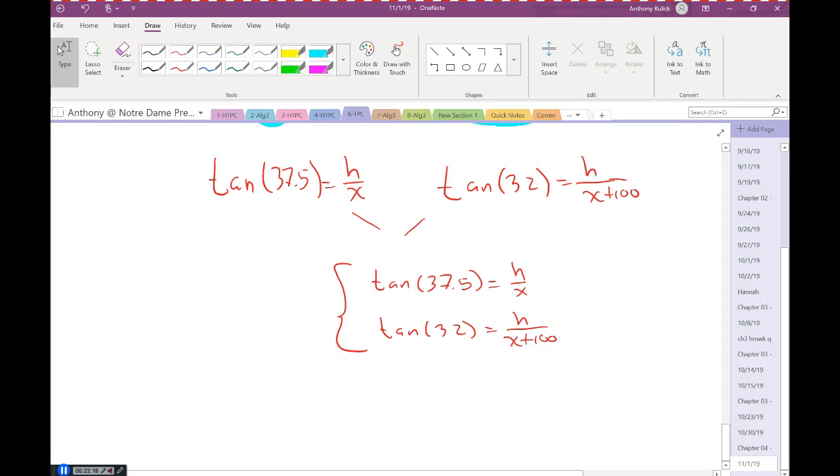So what are some of the methods we had for solving a system of two equations that you learned last year in your algebra course? There would have been two primary algebraic methods: substitution and elimination. Hopefully those names sound familiar at least.